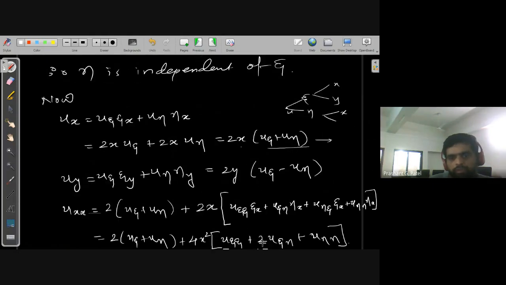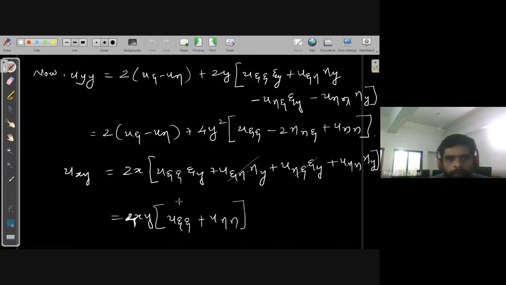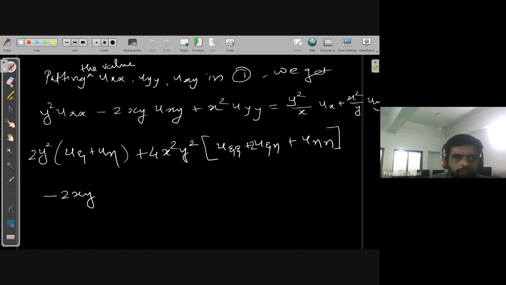So in the middle term it is 2 times. So we'll have it as 2 times this, minus 2xy is already there, plus this 4xy is added to that. So that's why it is 8xy. So we'll have 8x square y square.